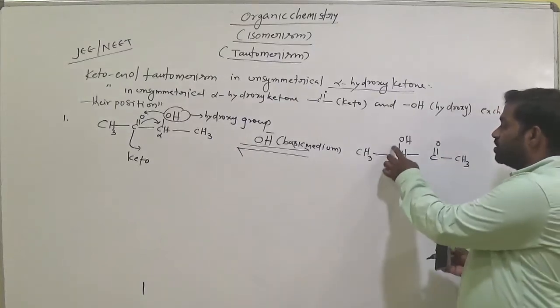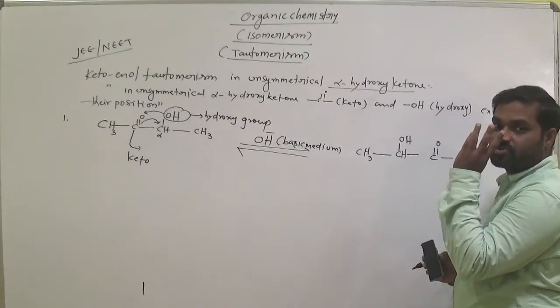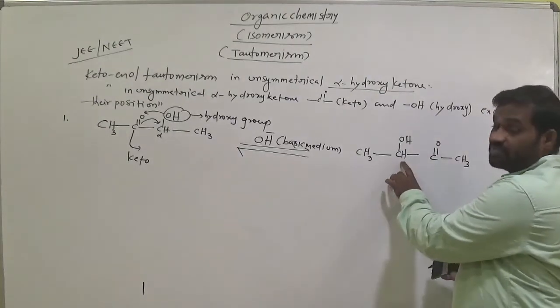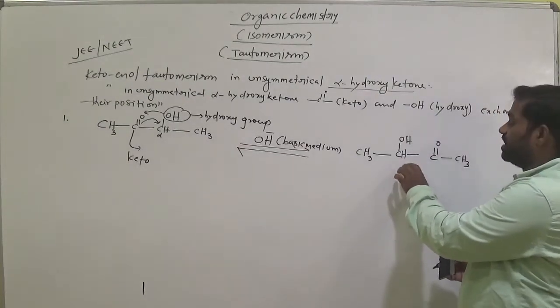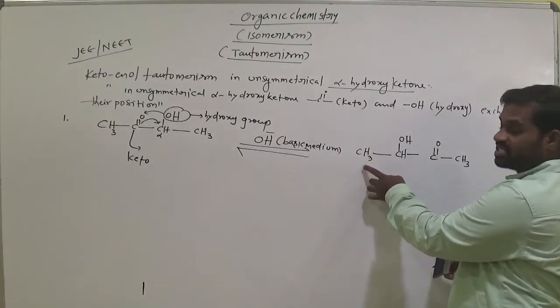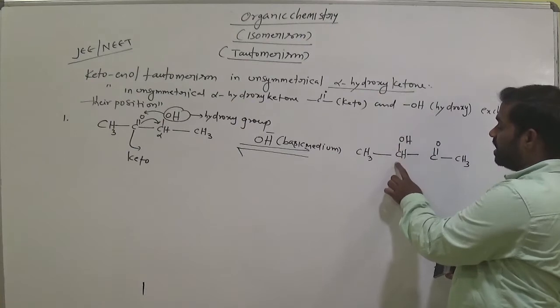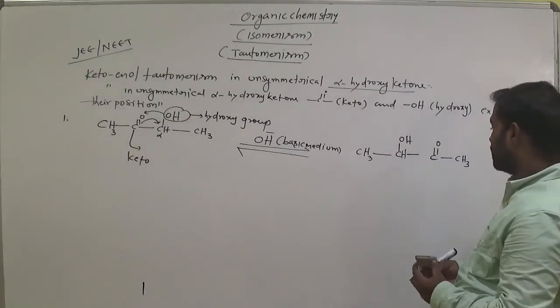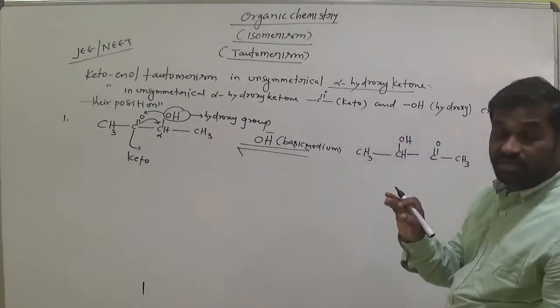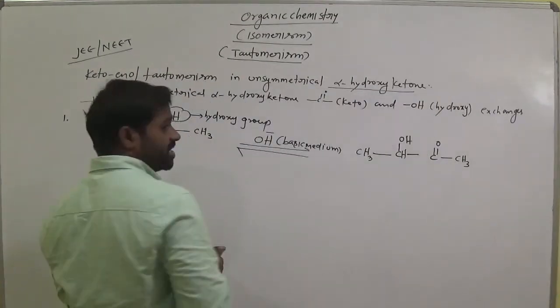Carbon always shows tetravalency. That means it can form 4 bonds. So write one hydrogen here. Now it is tetravalent: one bond with hydrogen, one bond with CH3, another bond with OH, and another bond with this carbon. Now 1, 2, 3, 4 bonds are enough. So what is the main important thing here?